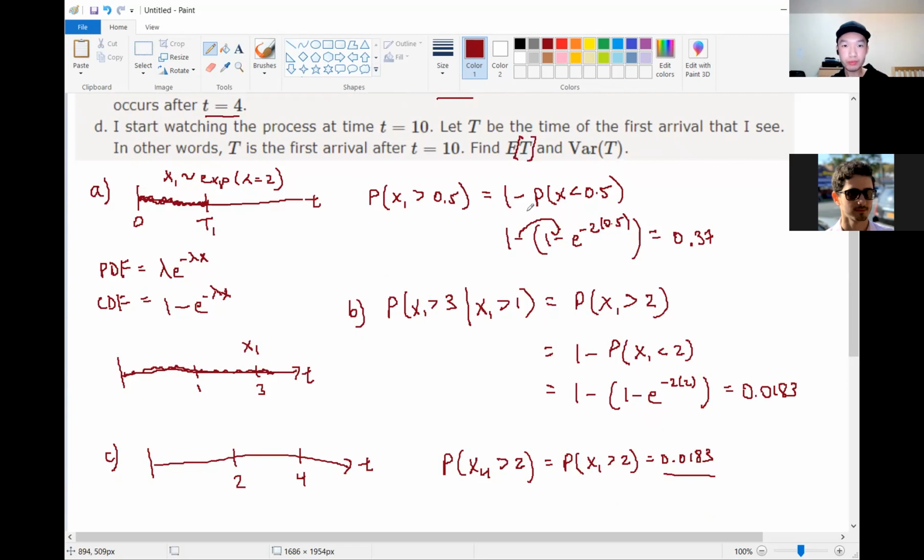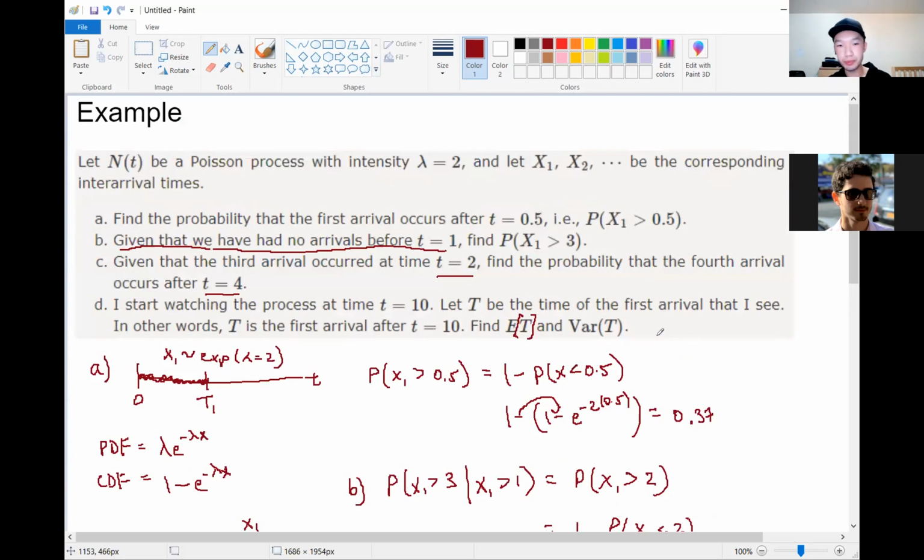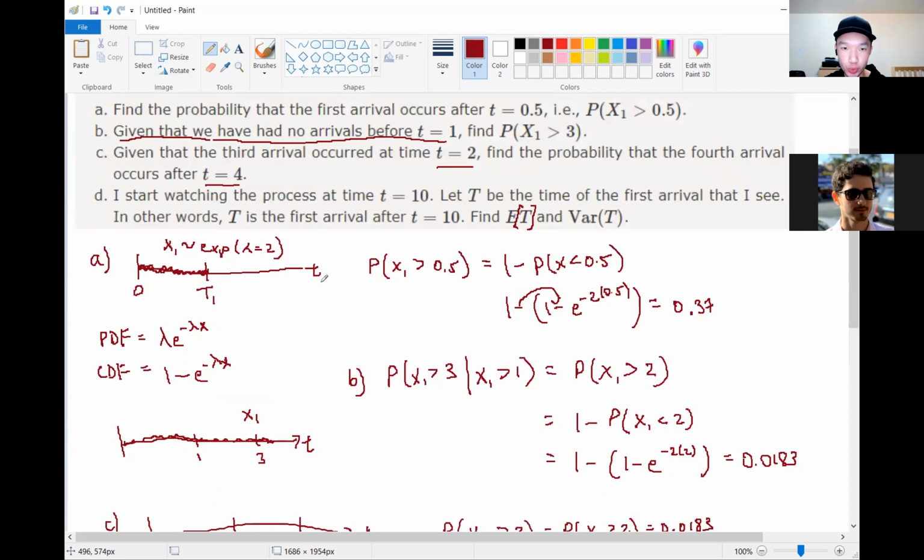Okay. What we established is that this is an exponential variable with lambda equals 2.